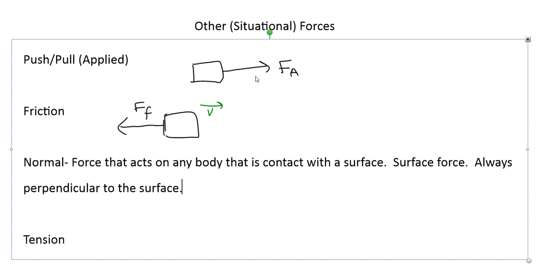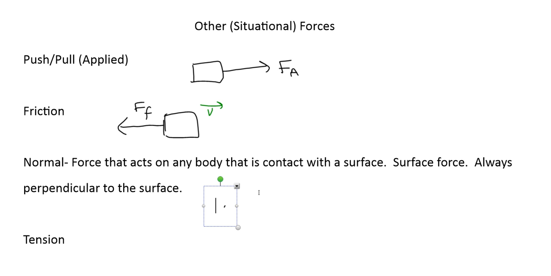So if you are resting something on a table, the normal force is going to be, let's say we're resting something on a table. There we go, we got the pen back. Let's assume that table is horizontal, then we're going to have the Fg this way.